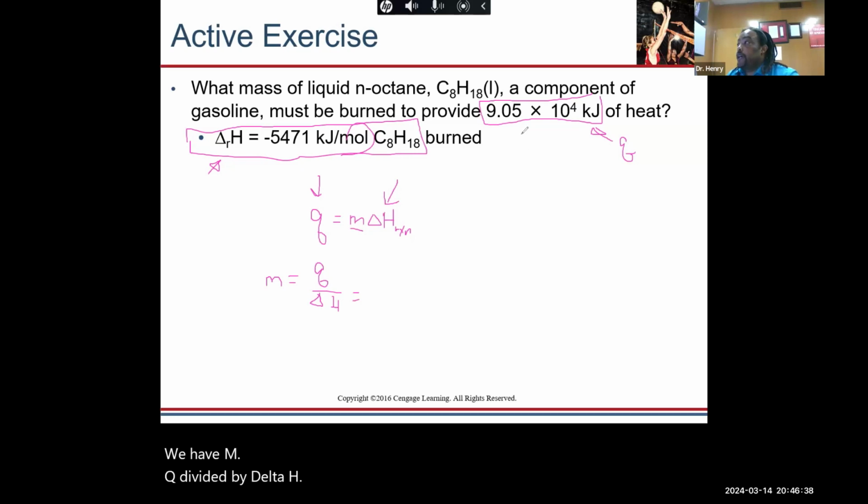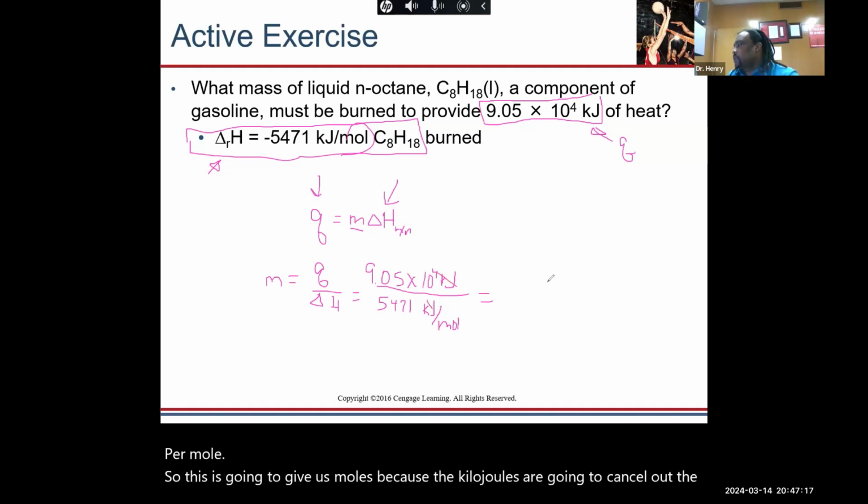Okay, so our Q value is 9.05 times 10 to the 4th kilojoules over 5,471 kilojoules per mole. So this is going to give us moles, because the kilojoules are going to cancel out, and the moles are going to flip up.